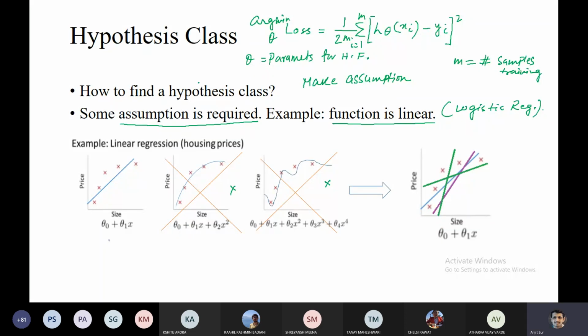If we minimize the loss, we can get the best linear hypothesis. That is what we have done so far. This is what we are basically trying to understand.